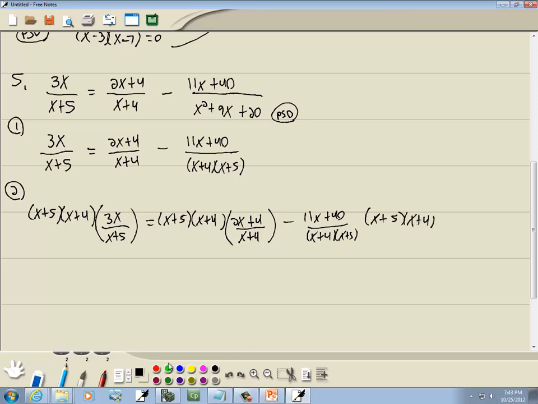There we go. Okay. So now the x plus 5s cancel here. The x plus 4s cancel here. The x plus 4 cancels here. The x plus 5 cancels there.